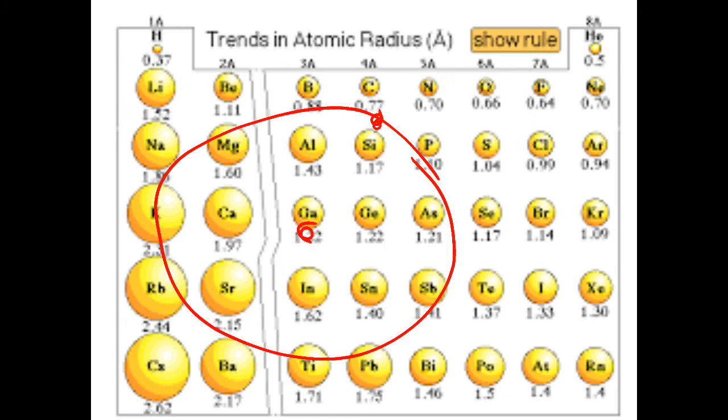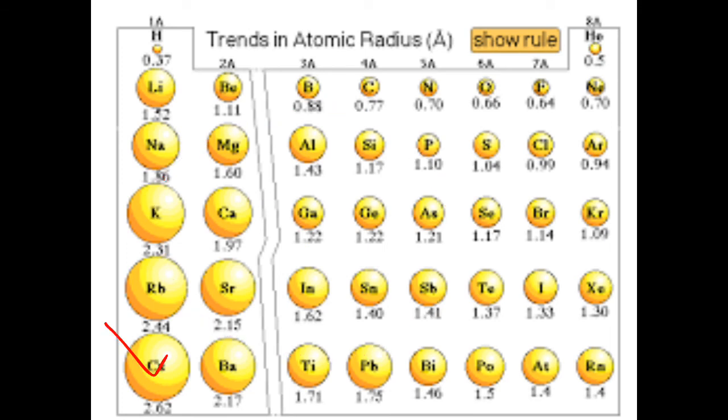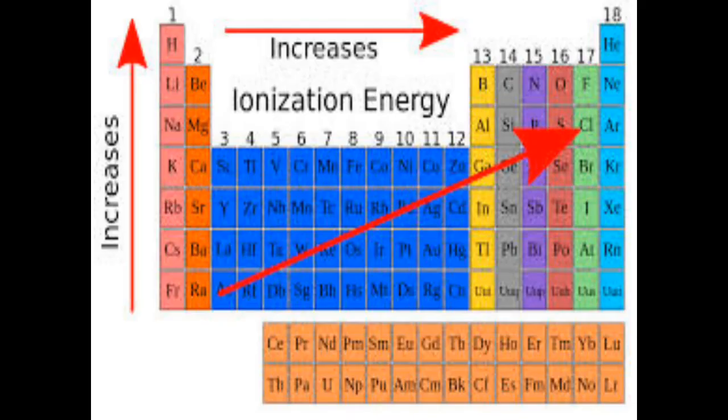So to knock out an electron from a cesium atom is much easier than from lithium. So ionization energy is also decreasing down the group. Now this is a periodic table showing the value of ionization energy. It's decreasing down the group and it's increasing across a period.